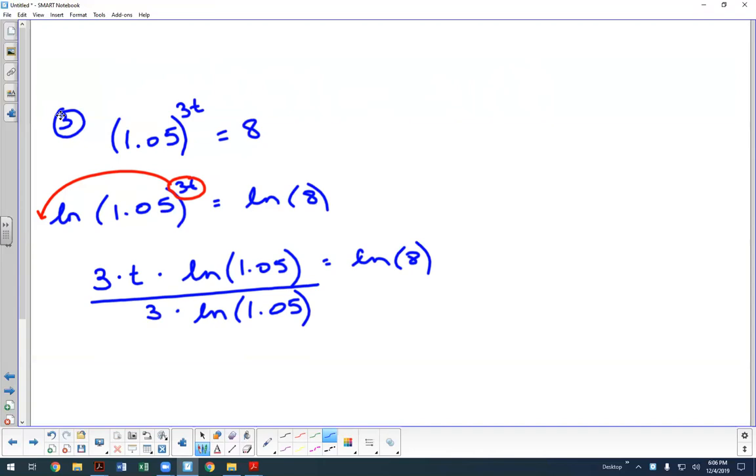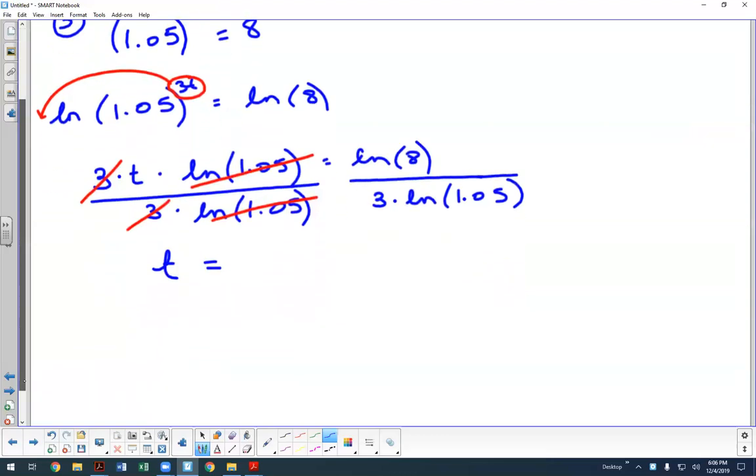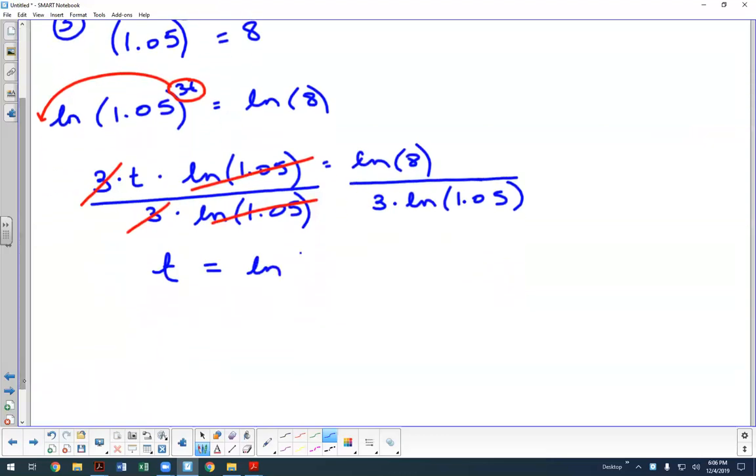So you're basically dividing by 3 times natural log of 1.05. So 3 will cancel out, the natural log will cancel out, leaving us behind with just t equals natural log of 8 over 3 times natural log of 1.05.